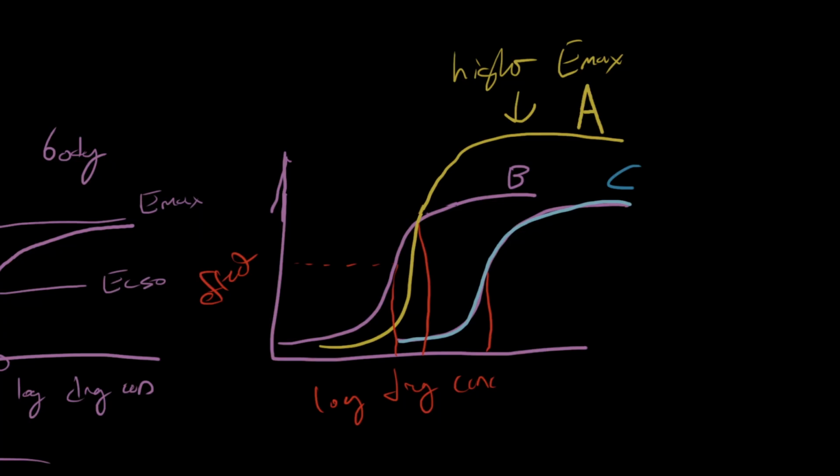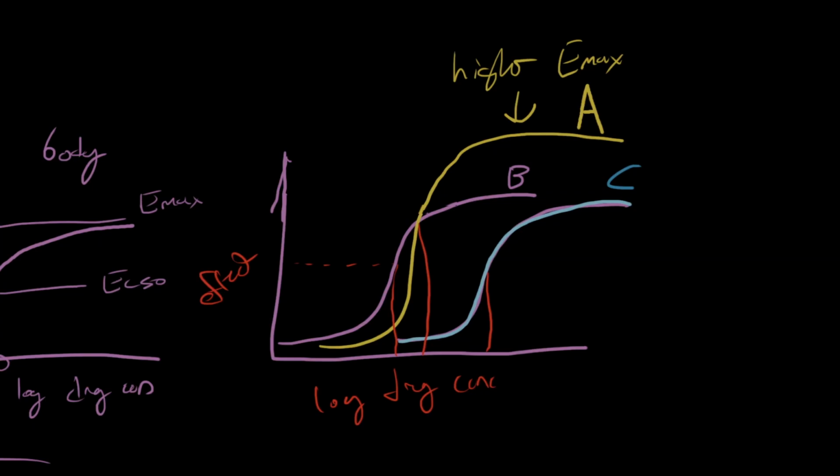The more left it is on the graph, the closer to zero on the log drug concentration axis, the more potent the drug is, and the higher it goes on the effect y-axis, the more efficacious that drug is.